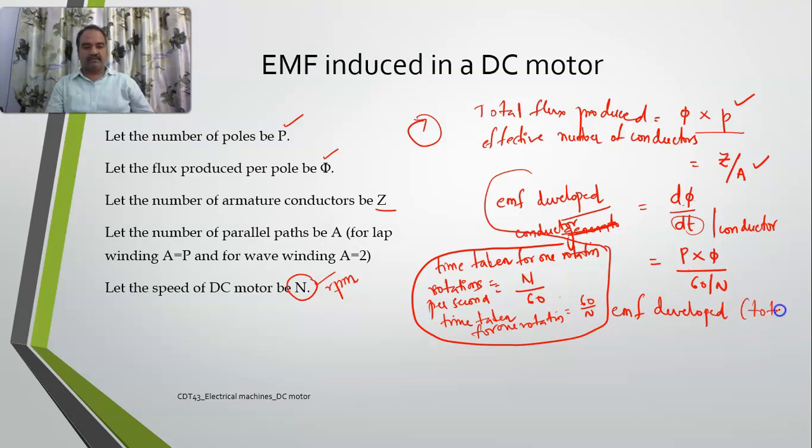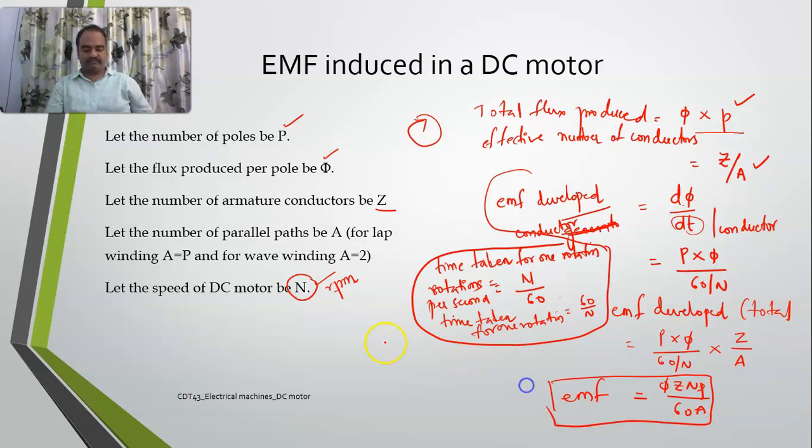Total EMF is P into phi, into 60 by N, into Z by A. Right. Now if you rearrange this, N will go to the top. I'll get phi Z N P by 60A. This is the total EMF which is generated inside your DC machine.